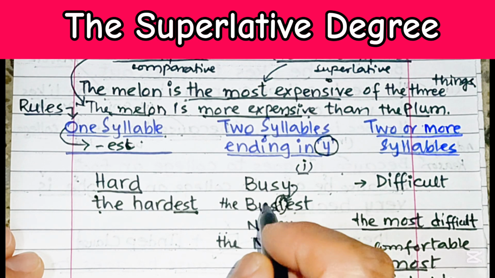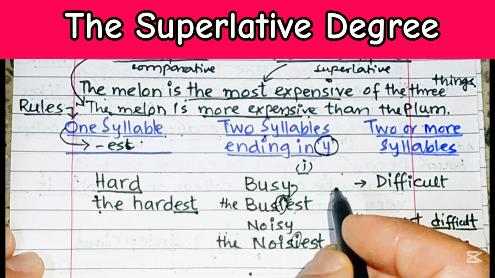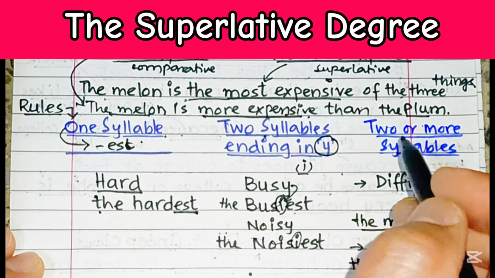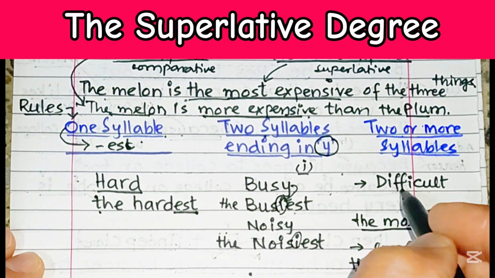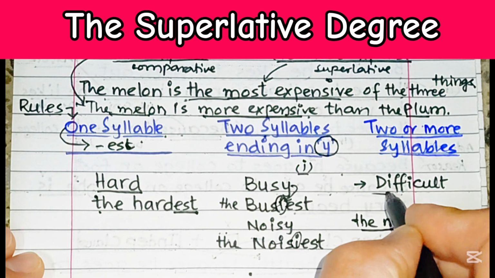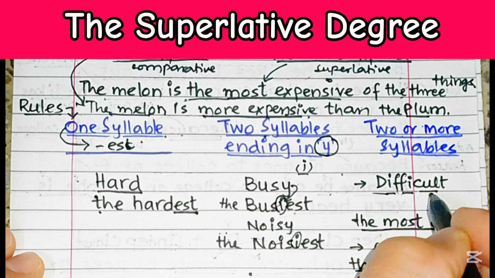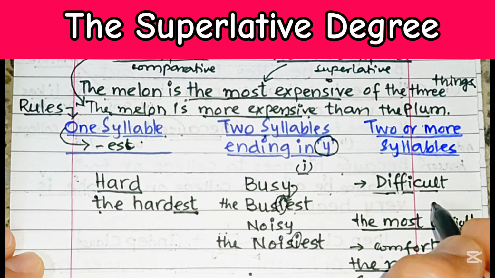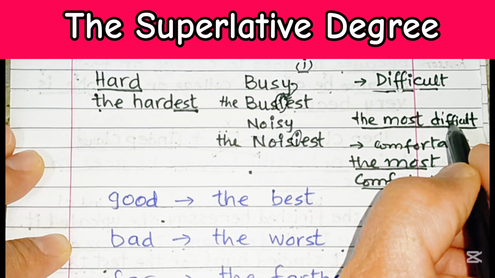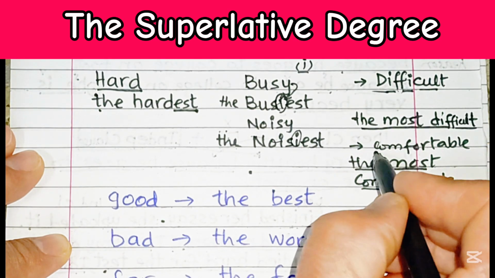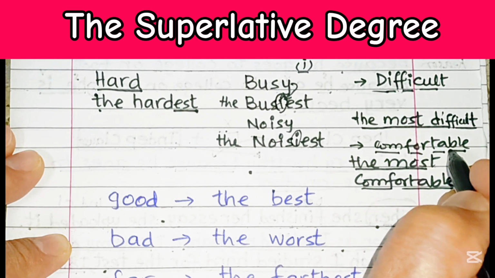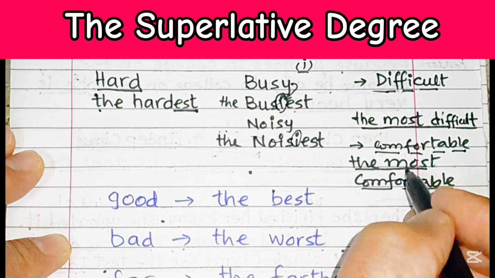And for long words, with two or more syllables, one example is difficult. Difficult has three syllables. So we use the most difficult. If the word is comfortable, which has four syllables, we say the most comfortable.